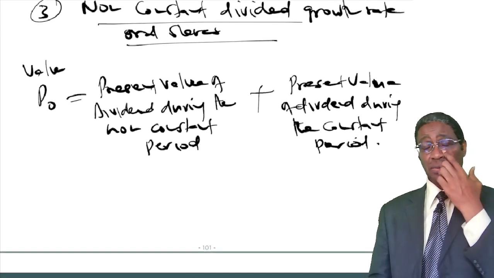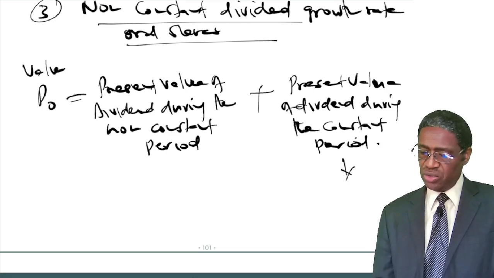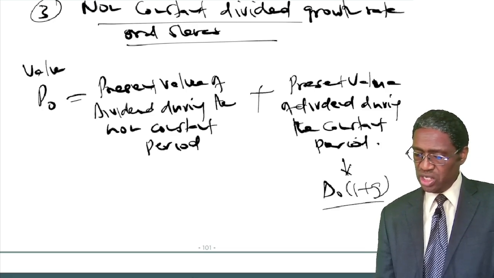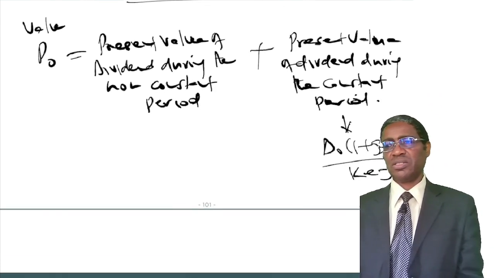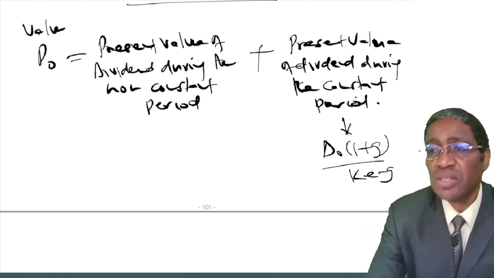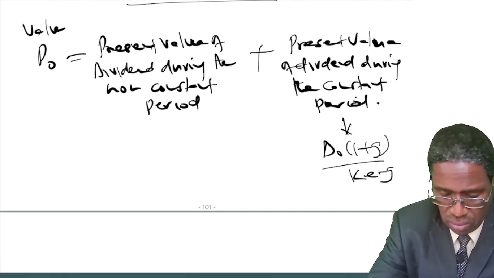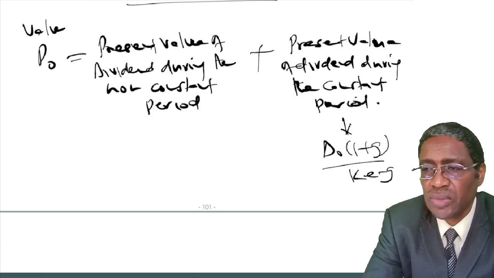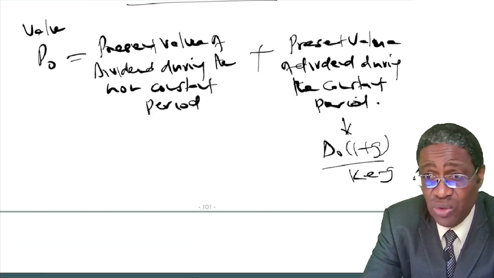Listen to this now. You don't have to write this, but just to remind you, this is the same as D naught into 1 plus G divided by KE minus G. Remember the second formula where we had a constant, so you get the value that way. We shall, of course, do an example later. But that's the way you get the present value of the dividends.